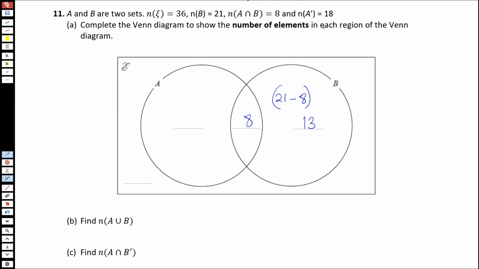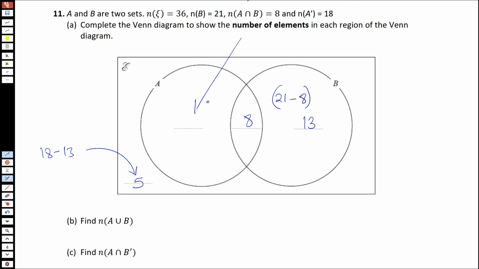And then we have this condition here, the number of elements outside A. So outside A will be this plus that, which implies that the number of elements outside the two circles will be 18 minus 13, which will be equal to 5. All right, but we know that the total number of elements is equal to 36.